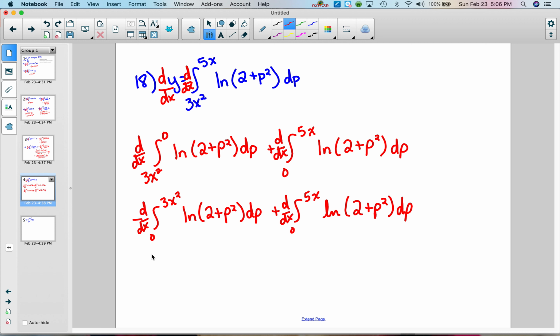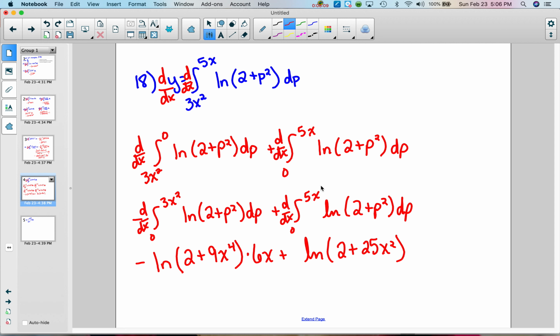Don't forget the chain rule though. So we're going to have a negative ln(2 plus, we're squaring this, so we're going to have 9x to the 4th). But then I have to multiply by the derivative, which is 6x, plus, and over on this side we're going to have ln(2 plus, we're squaring this, so we get 25x squared).